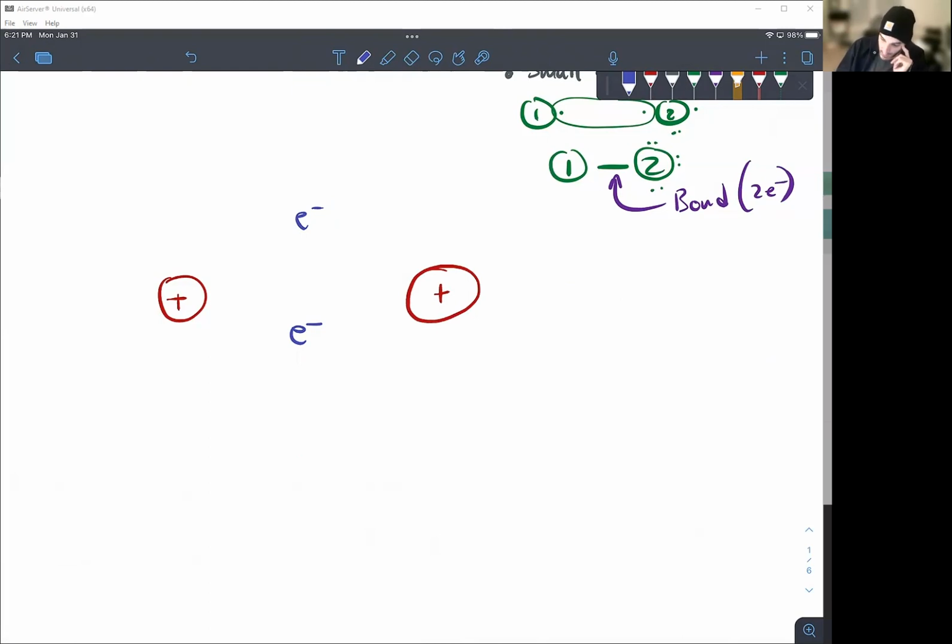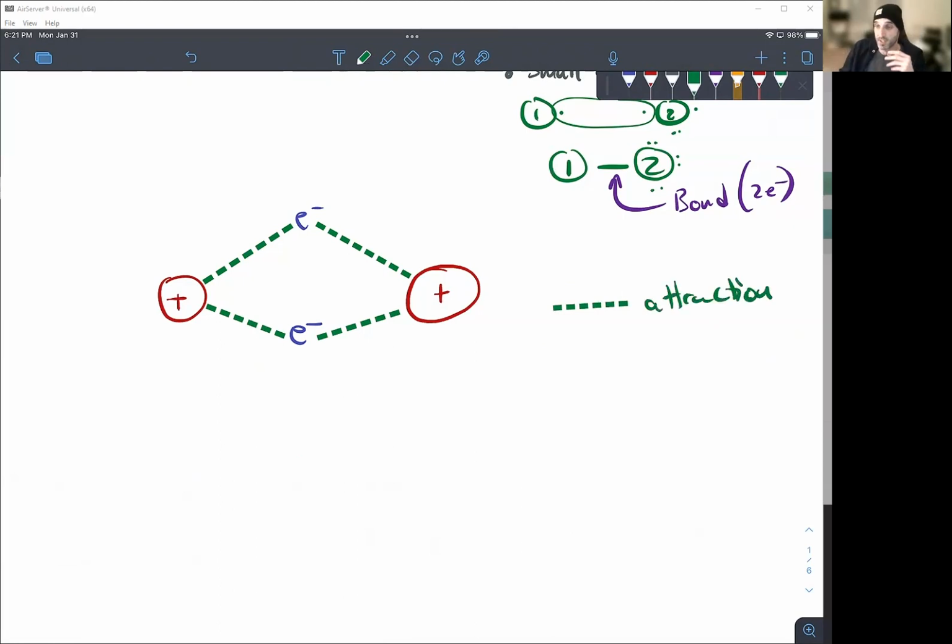We have to think about the attractive forces that we have. So the interaction between these electrons and the positive nuclei are going to be attractions.